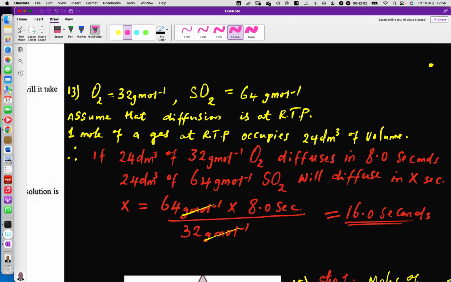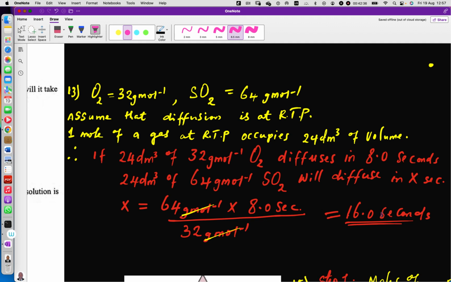Or in other words, you can ignore the volume occupied by the 1 mole of all the gases. You can just say if 32 grams of oxygen, that's 1 mole, diffuses in 8 seconds, then 64 grams, which is still 1 mole of sulfur dioxide, will diffuse in how many seconds? You do the simple proportion and our answer will be 16 seconds.